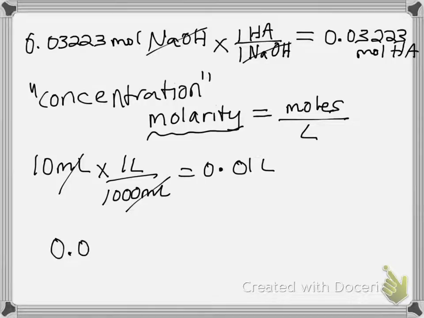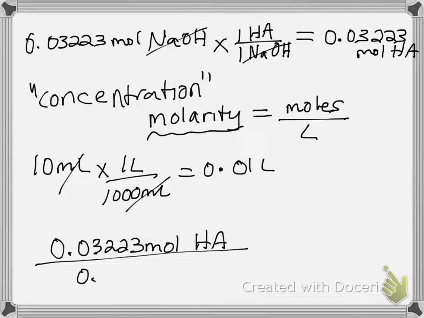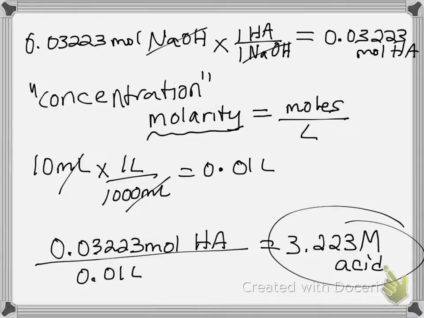Here we go. Moles of acid that we figured out before, divided by the liters of acid. And so when I put this in the calculator, we get a molarity of 3.223 moles per liter of acid. Okay, so that's the answer to the question.